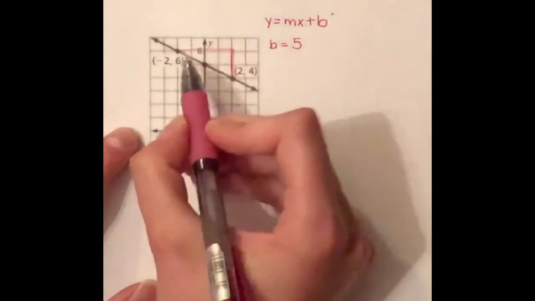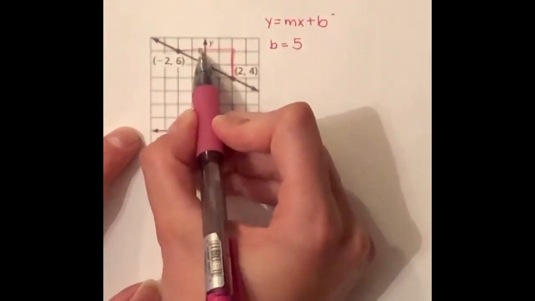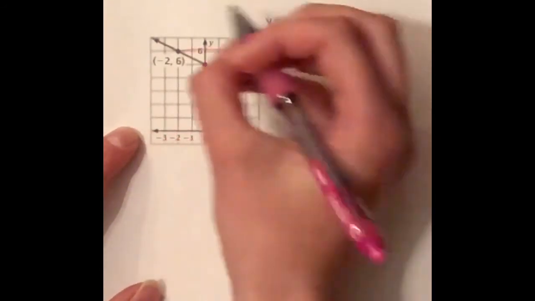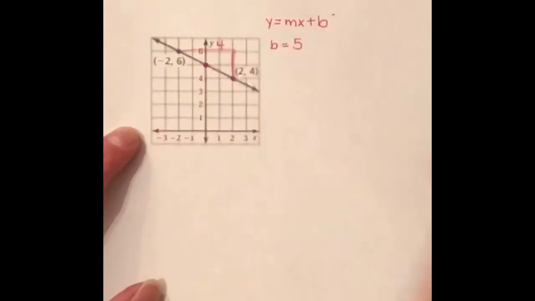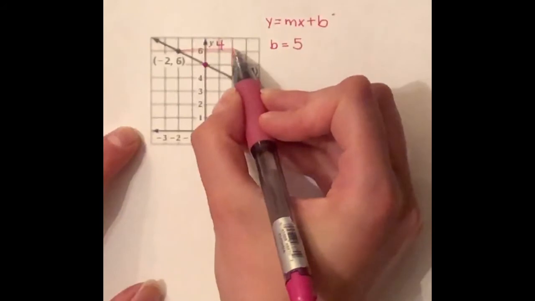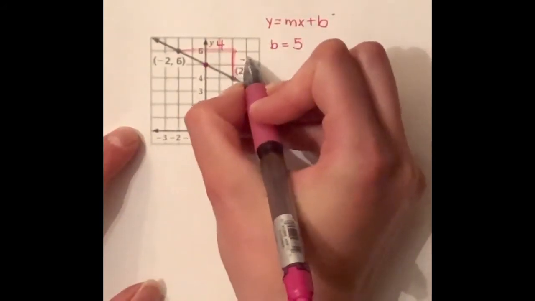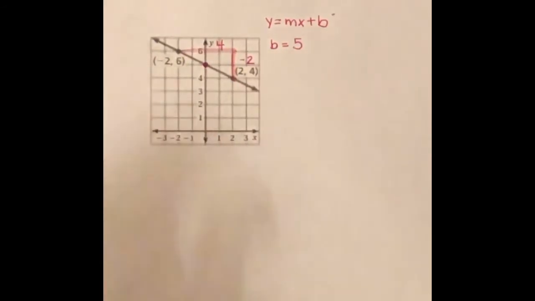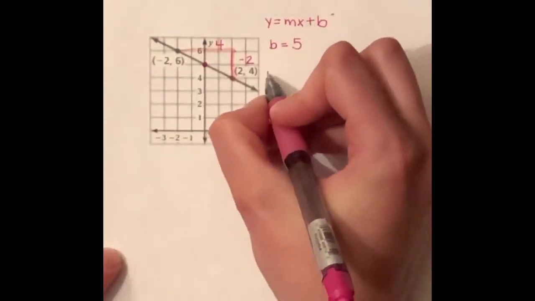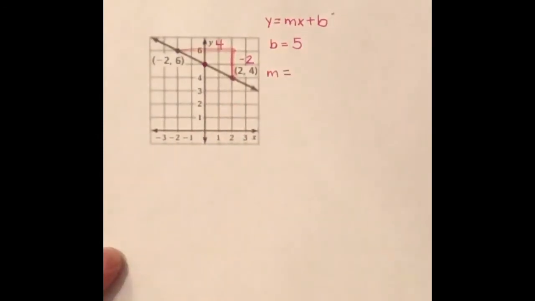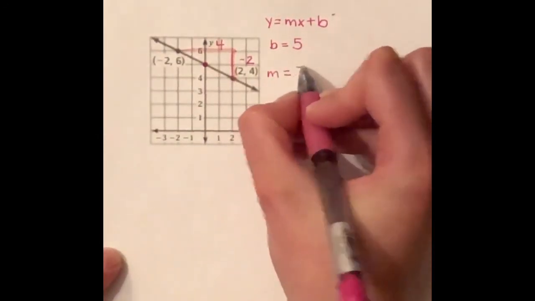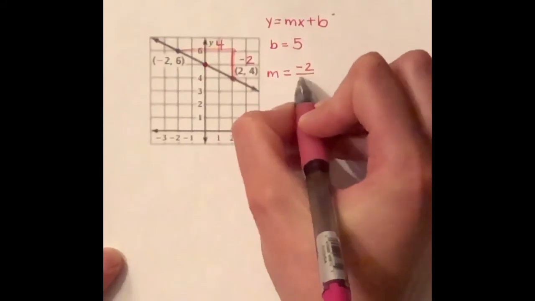So when I start here, 1, 2, 3, 4. So my run is 4. And because I'm going down now, 1, 2, my rise is -2. So when I think about slope as rise over run, this is going to be -2 over 4.